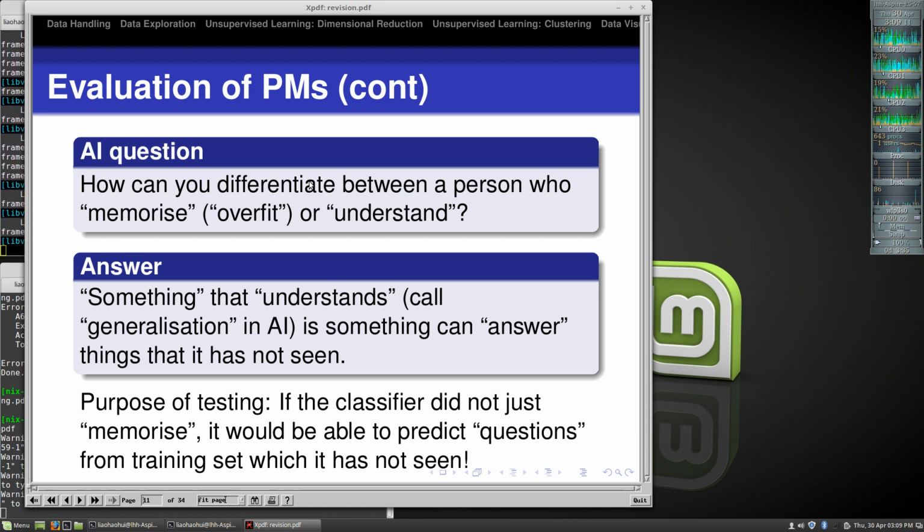Normally we use so-called exams to test if a person actually understands something. But the problem is, how do we set the exam questions to know whether a person actually understands or is just very good at memorizing?